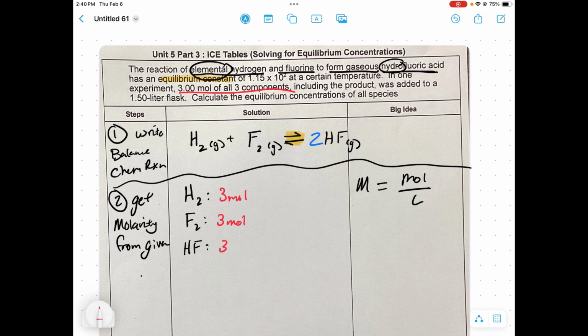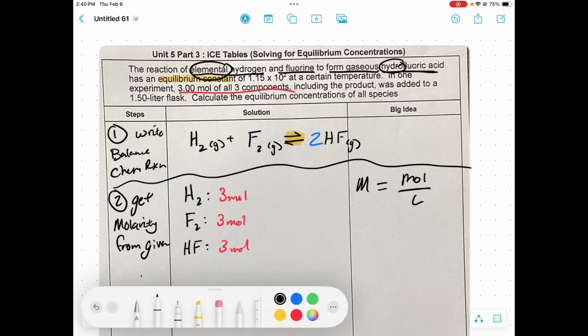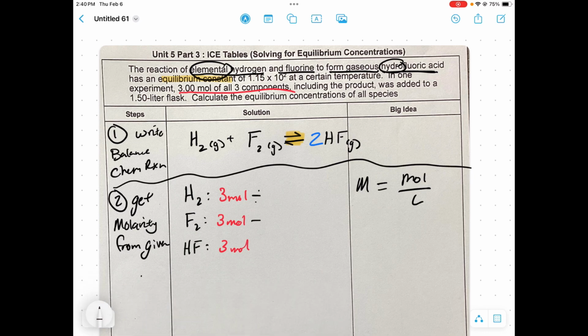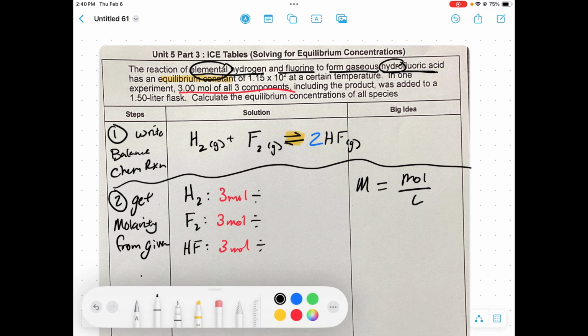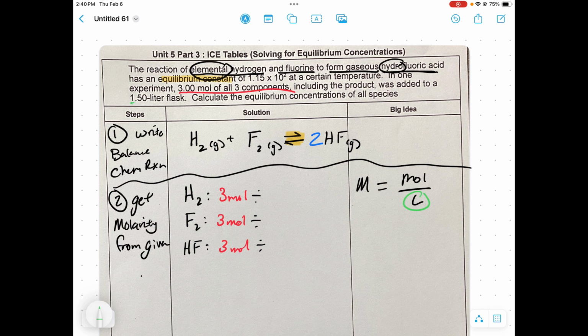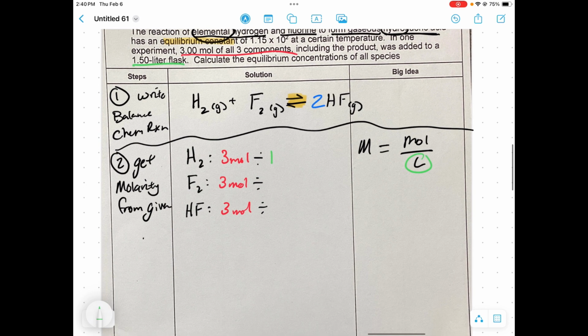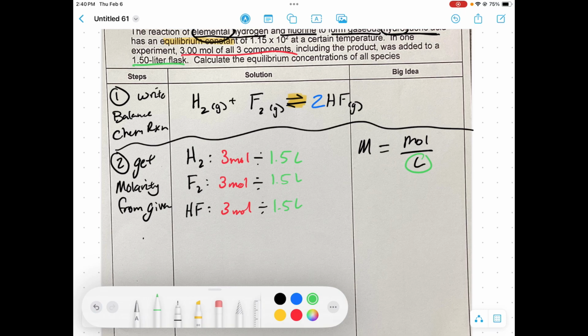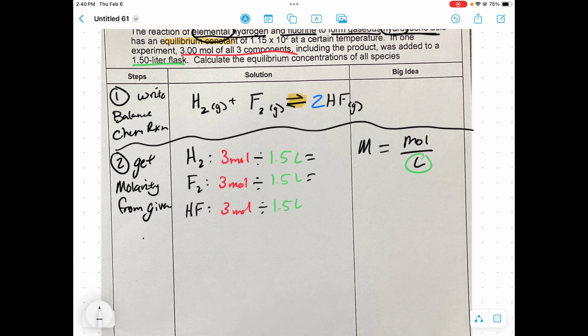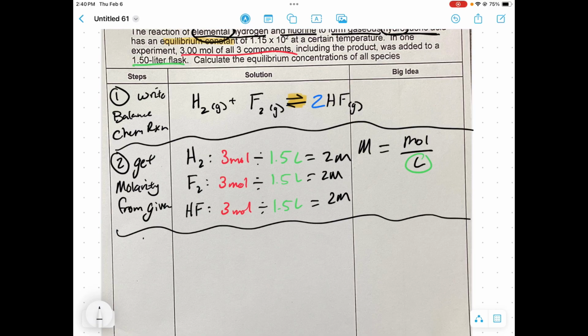I'm going to divide that by the liters of whatever we are inside. Here I see I have a 1.5 liter flask, so I divide by 1.5. If I do that, I should get 2 molar concentrations for all of these. So that's step number 2.